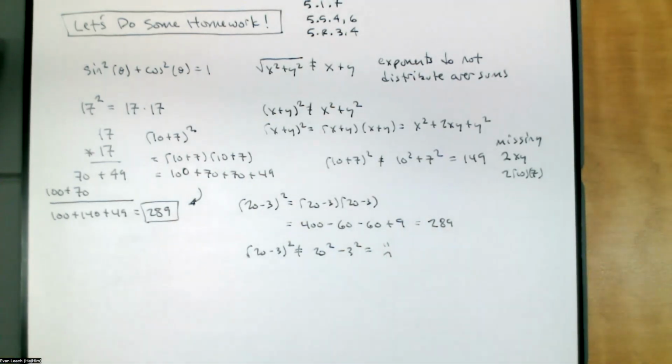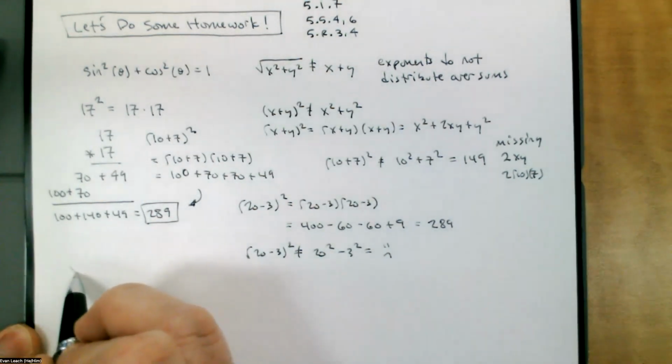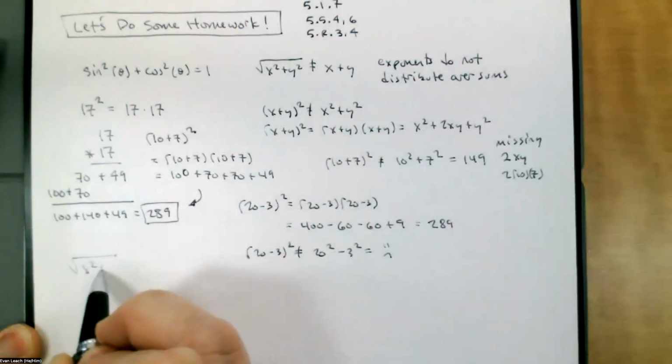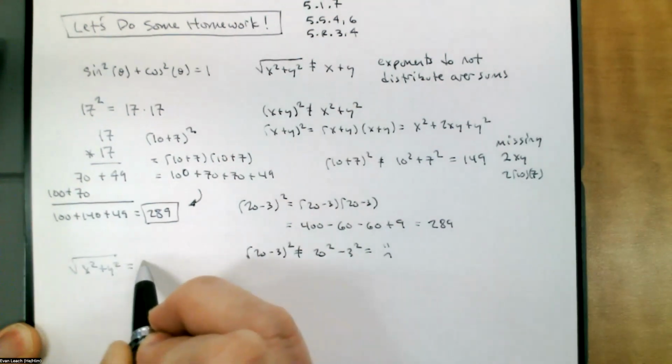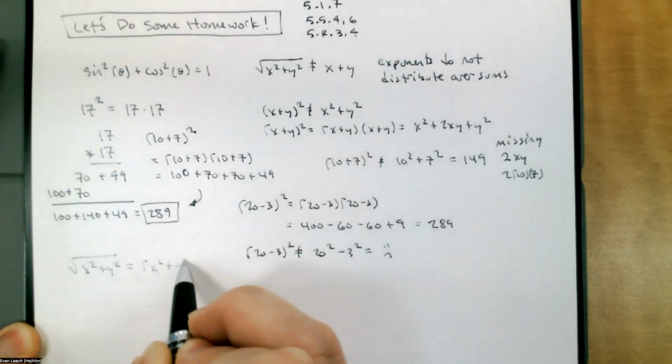So we know that this applies for exponents of 2. The square root symbol is just another exponent. So it has to follow the same rule as the exponent of 2. The square root of x squared plus y squared is x squared plus y squared to the 1/2 power.